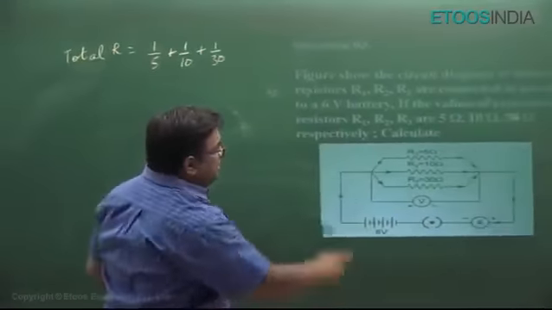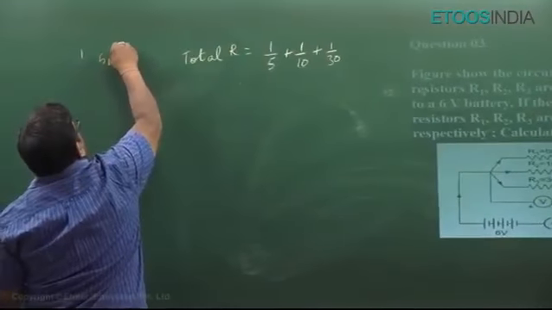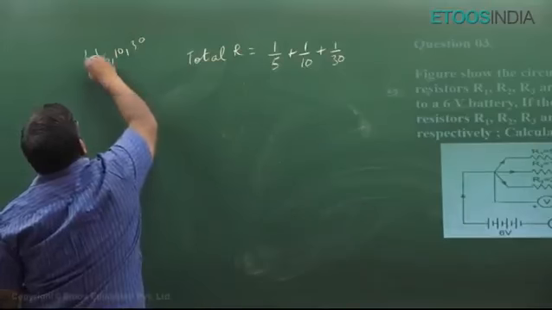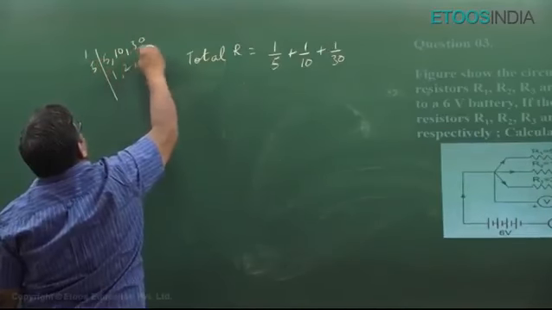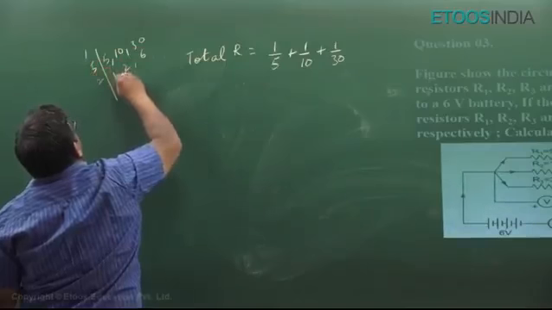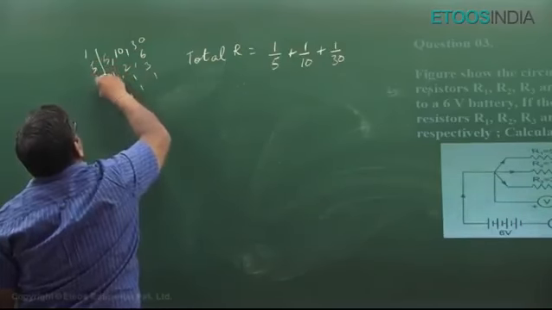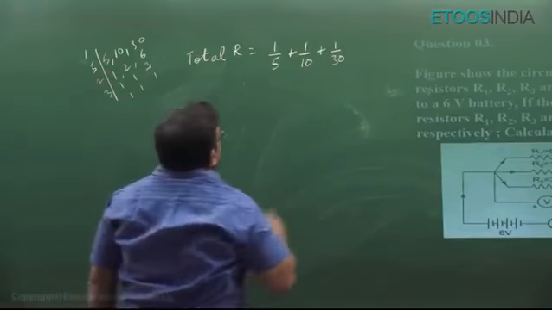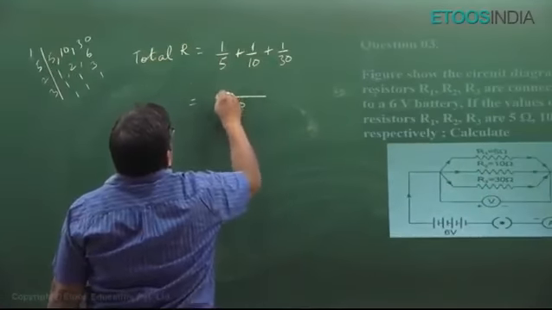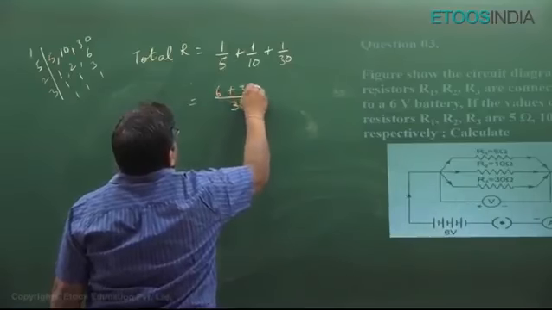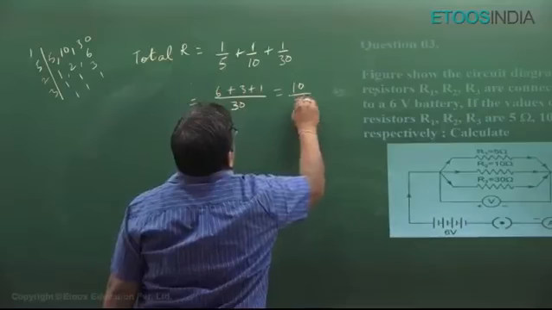See, the value of R3 is 30 ohm. So, if I take the LCM of 5, 10 and 30, 5 twos are 10, 10 threes are 30. So, the LCM is 30. It will be 6 plus 3 plus 1, and the answer is 10 upon 30.